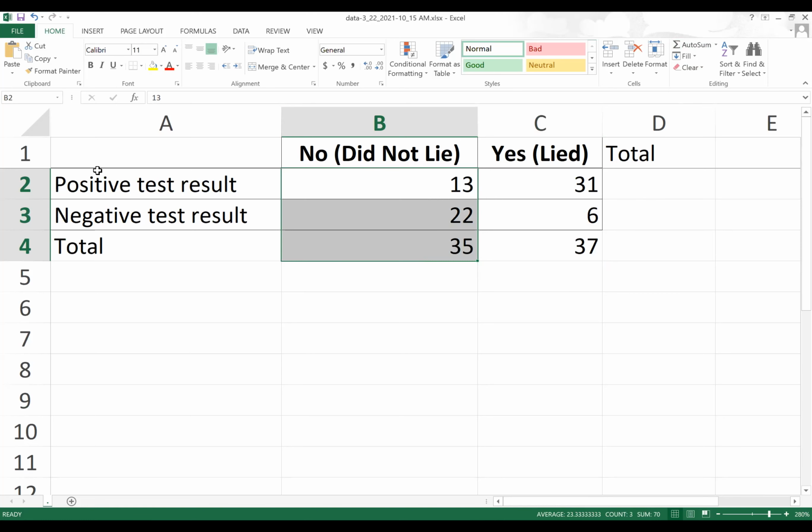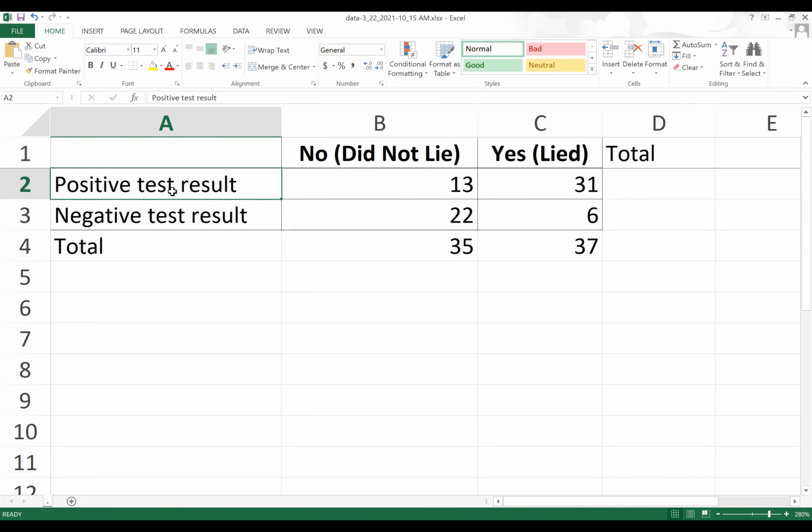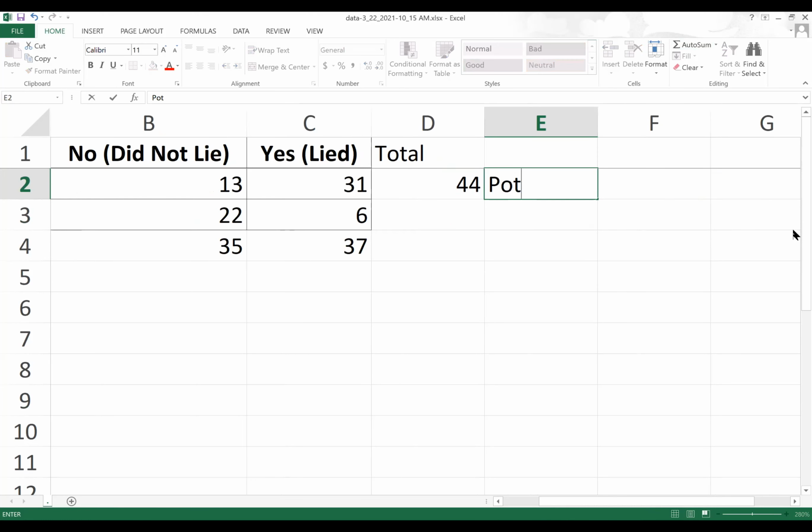And now if you look at the first row, no matter whether they lied or did not lie, the polygraph test confirmed they lied, right? So some of them are wrong results, but some of them are correct results. 31 are correct results, but that does not matter. So the total of positive is 44 positive test results, right?